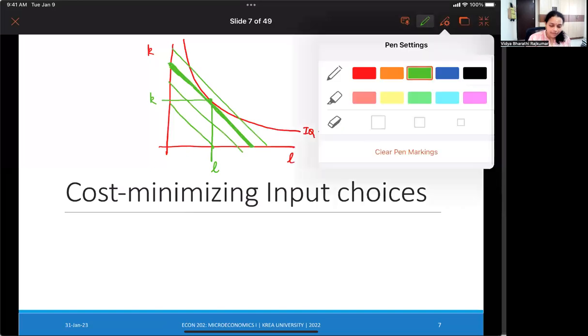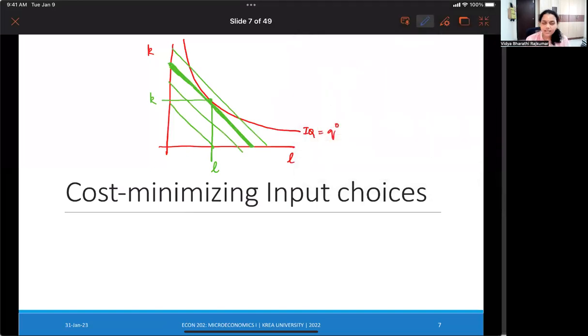So before we go further, let's understand the mathematical nuances of what's happening here. If I call this point, say, E, at E the isocost is tangential to the isoquant. If they're tangential, then it means that they're going to have the same slopes at that point.